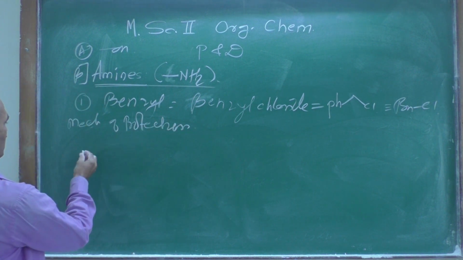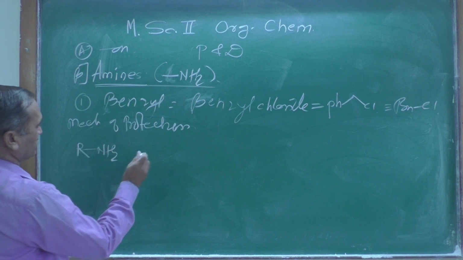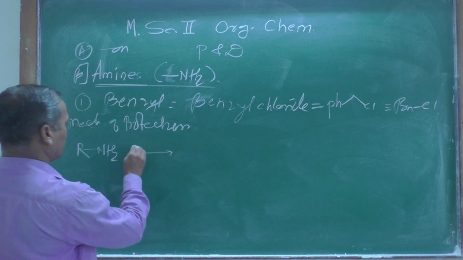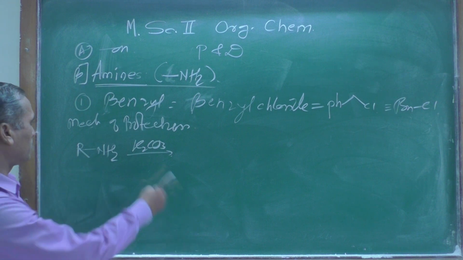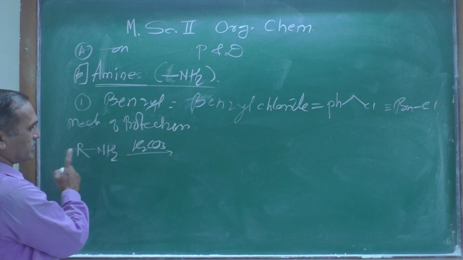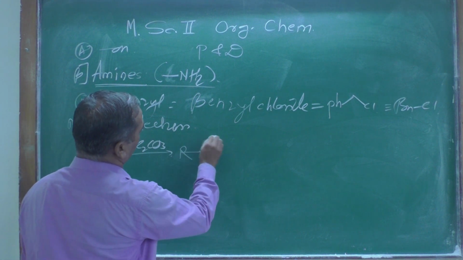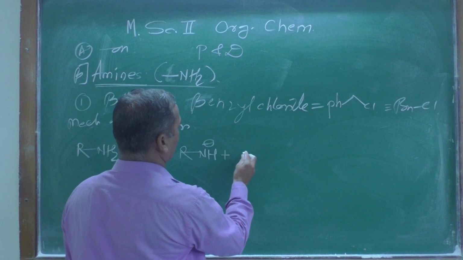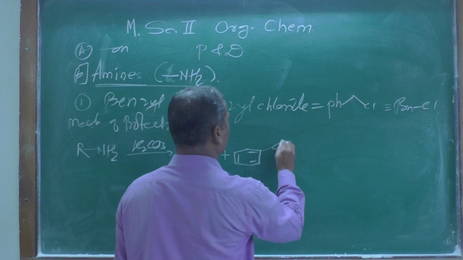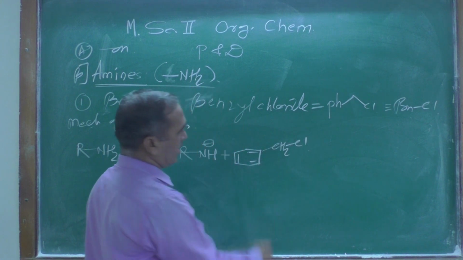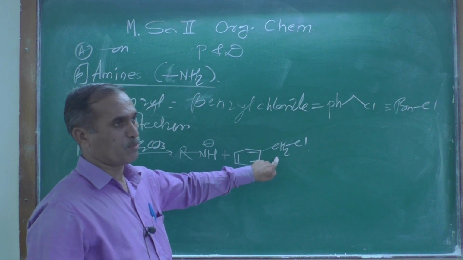Just now we have seen the starting compound is RNH2 amine, which will be treated with K2CO3, potassium carbonate, which is a base. It will abstract the proton, and we are going to get RNH minus, plus that will be treated with benzyl chloride, and as we know this benzylic carbon is electropositive in nature.